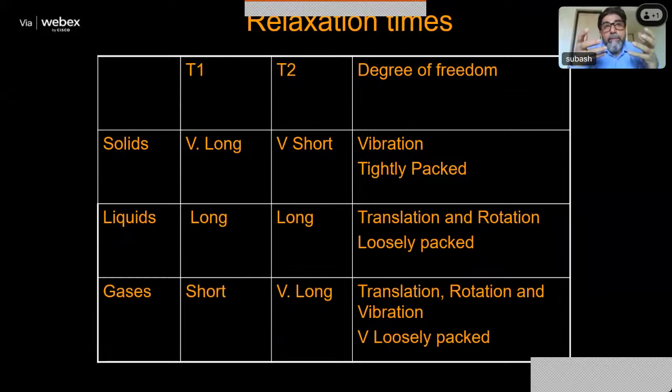There are only three types of tissues in our body. Either they are solids, liquids, or gases. And it is a great thing that solids, liquids, and gases have different T1 and T2 relaxation times because of the various physical processes. Solids have very long T1 relaxation times and very short T2 relaxation times, as short as microseconds.